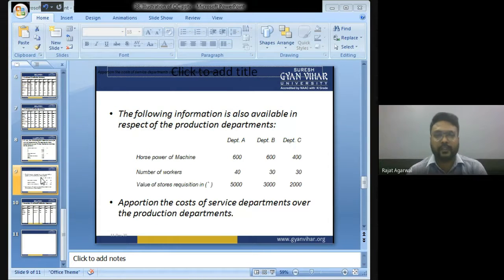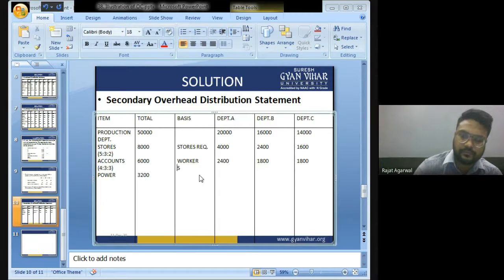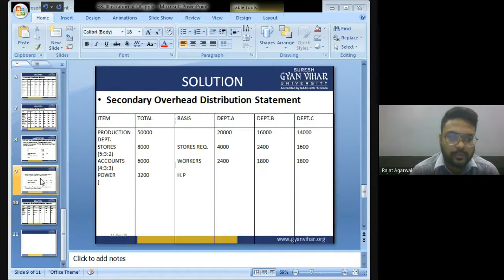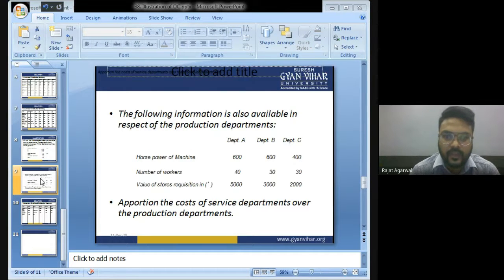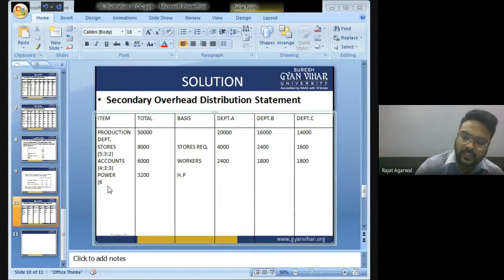Expense of power will be distributed on the basis of horsepower of machine. What is the ratio of horsepower of machine? 6 is to 6 is to 4.